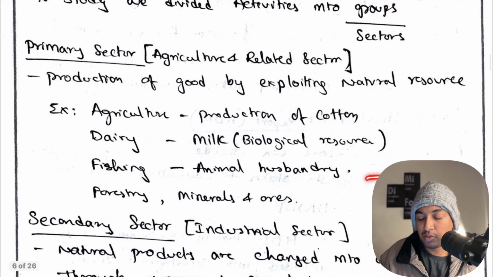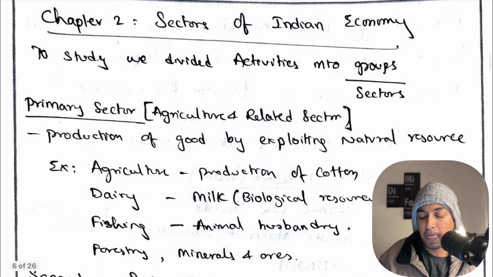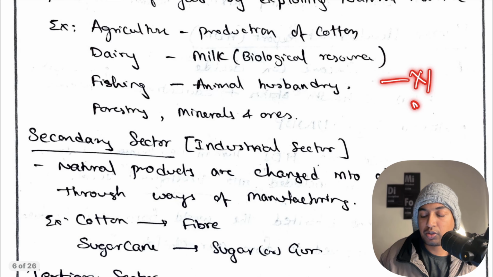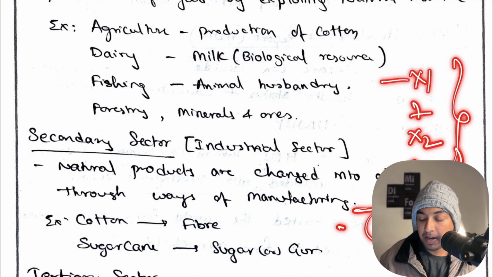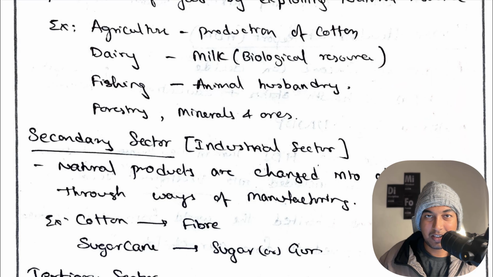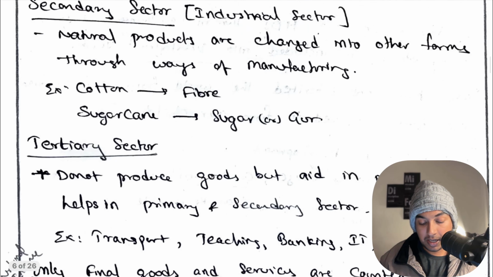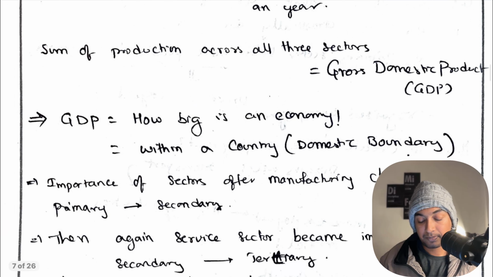So x1 plus x2 plus x3 becomes x total, and this has all three items, the same item now counted thrice. This is a very big problem in calculating national income.